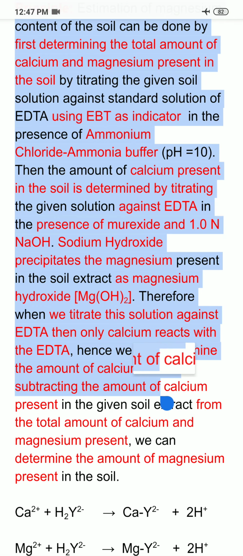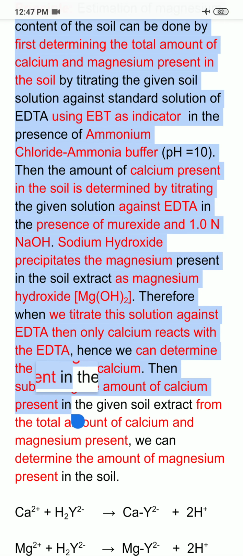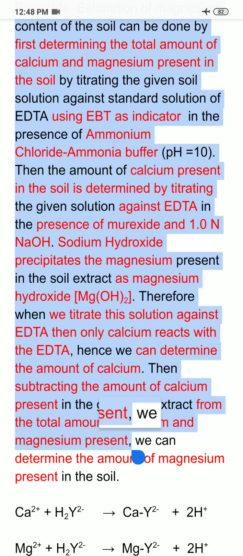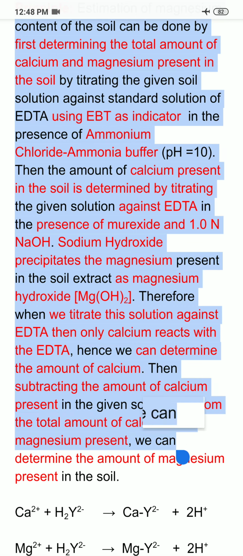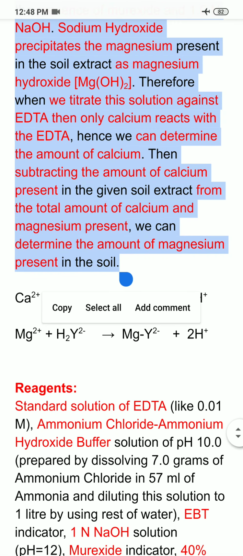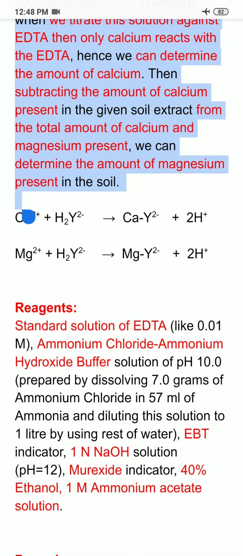Then by subtracting the amount of calcium present in the soil extract from the total amount of calcium and magnesium present in the soil extract, we can determine the amount of magnesium ions present in the soil. And this is the chemical equation for this reaction.